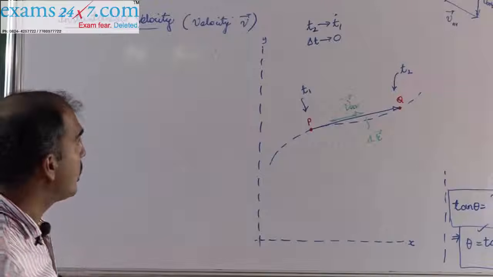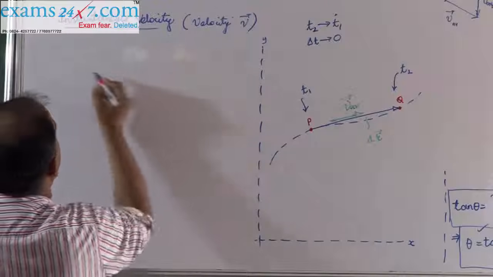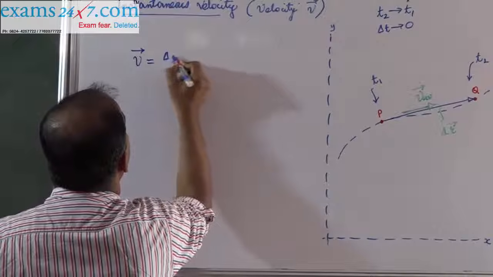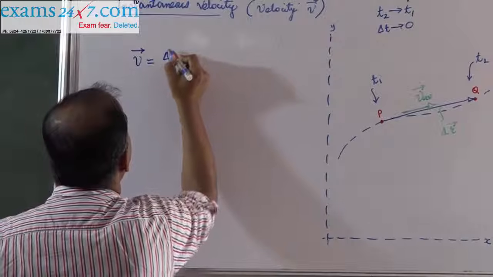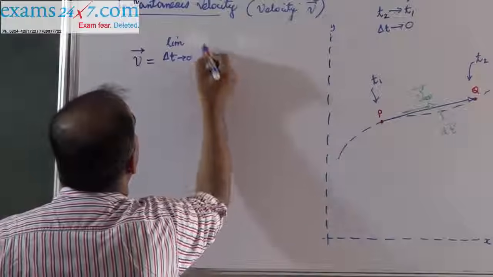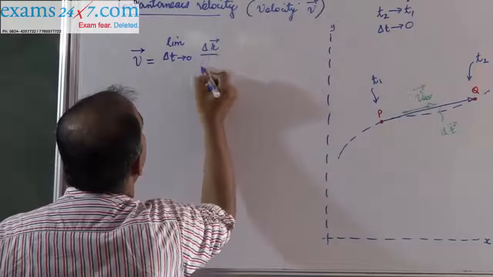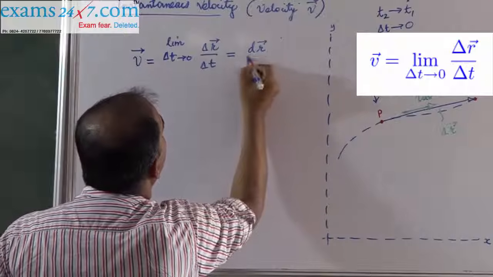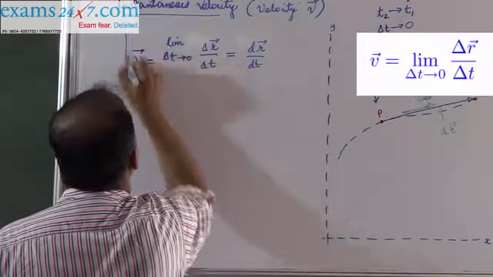But now, I wish to find the instantaneous velocity. Instantaneous velocity V is the limit as delta t tends to 0 of delta r by delta t, and this ratio we call dr by dt.